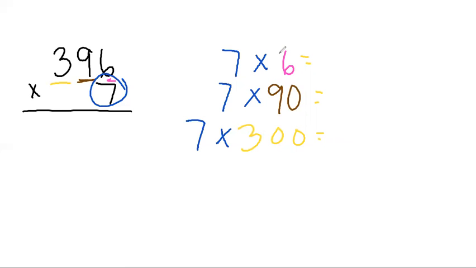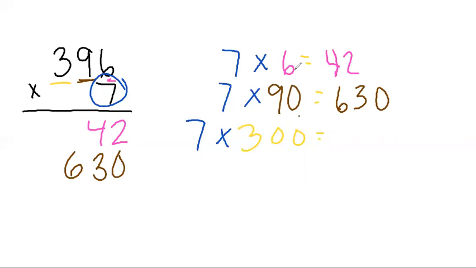Checking your work. 7 times 6 is 42. 7 times 9 is 63. I have to add a 0, so that's 630. Oh, I forgot to write my numbers. 630.